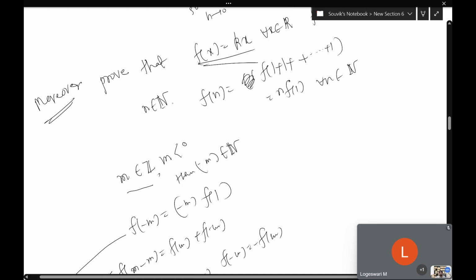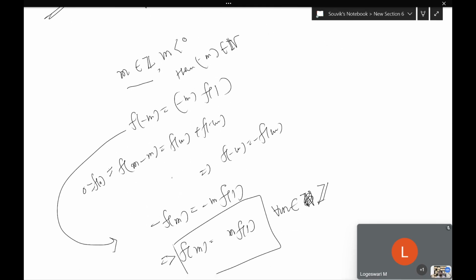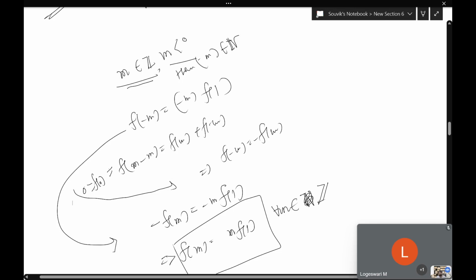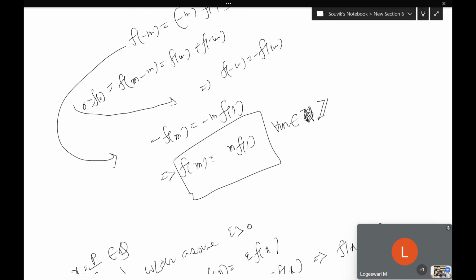So the relation f(x) equal to kx holds for all positive integers.